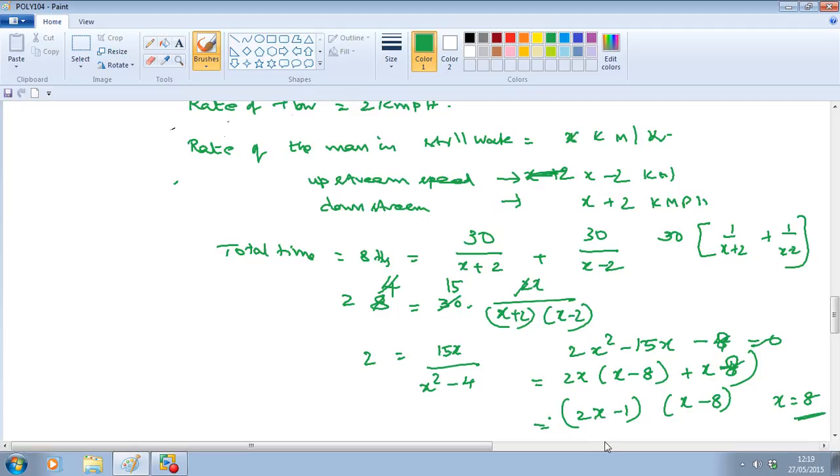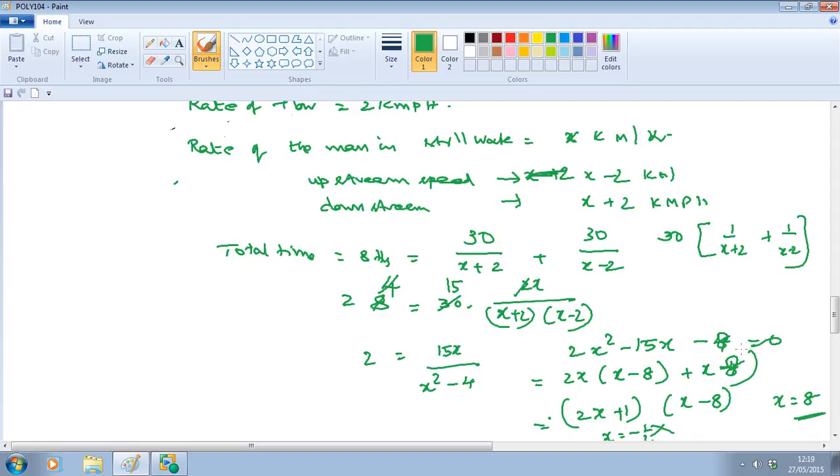The next one, this is 2x plus 1. So x cannot be negative. In this case, x equal to minus half. This will be ignored. X cannot be minus speed, the rate of the man in still water. So the answer is x is equal to 8.